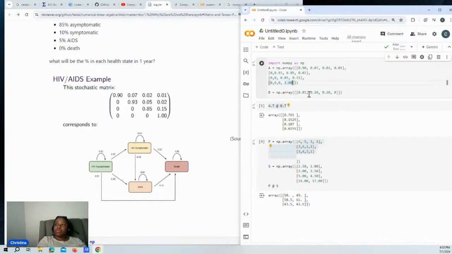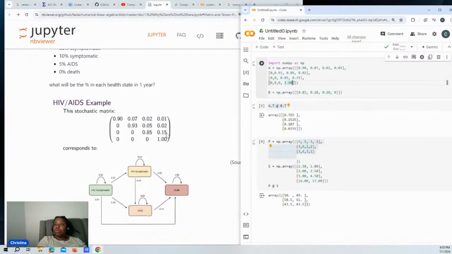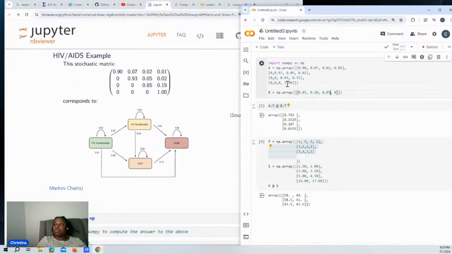So if I do 0.10 times 0, it's not 0, it's 1. And then if I do point, oh, hold on. This should be 0.505. 0.05 times 0 gives me, and that's 0 times 1.